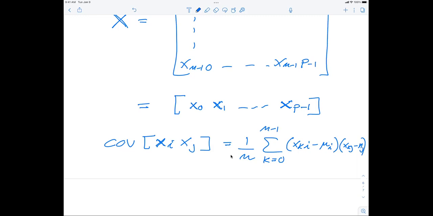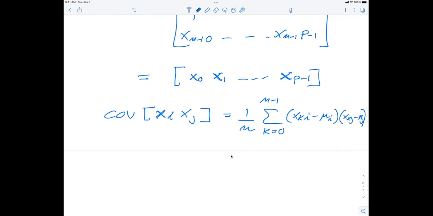Now we could then define a covariance matrix, which we just call C. So remember that this is just a scalar, which you see here, right? So as a scalar, this is nothing but the two vectors multiplying with each other, right?